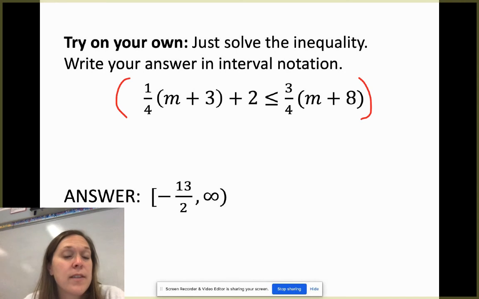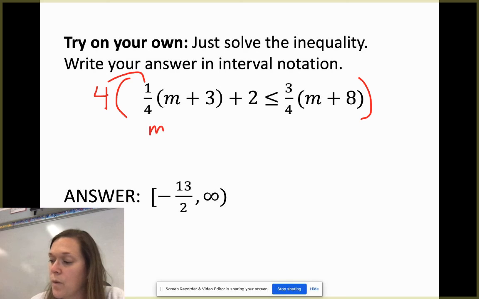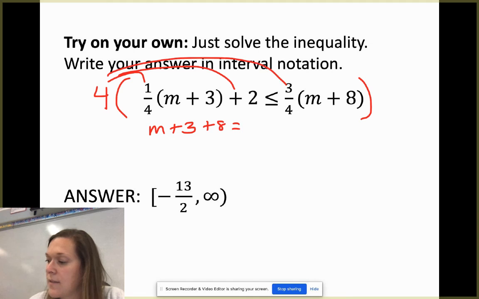All my denominators here are 4, so that's nice. I don't have to think too hard about getting rid of my fractions. Multiply everything by 4. So a fourth of 4 is just 1. So that leaves me with just m plus 3. 4 times 2 is 8. So 4 divided by 4 is 1 times the numerator of 3 is 3 times m plus 8.